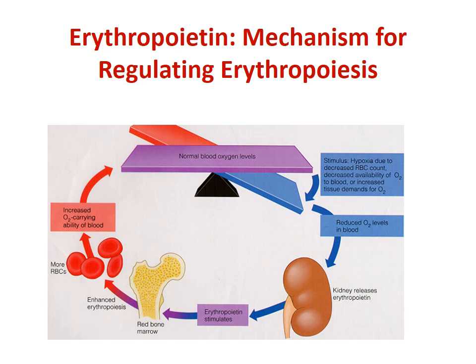So look at the beginning, normal oxygen levels. Whenever the normal oxygen levels are disturbed, the stimulus is hypoxia, due to decreased RBC count, or decreased availability of oxygen in the blood, or an increased tissue demand. All these things will be creating hypoxia.